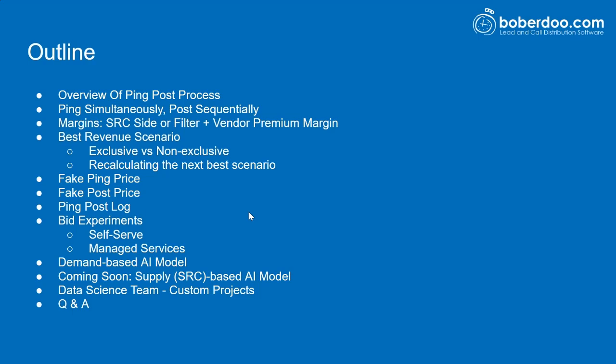So fake ping price, fake post price, when the right scenario is to use those. Dig into the ping post logs a little bit, and then we'll talk about some optional add-ons that boberdoo has related to optimization of your margin or your lead buying, depending on if you are a lead buyer or a lead seller.